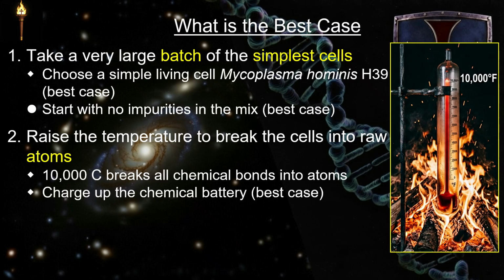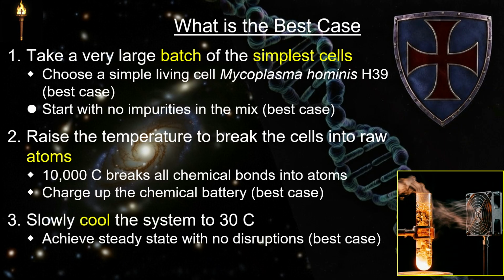But this is also a best case situation because here we've charged up the chemical energy, the chemical battery, so that as the temperature lowers, as it slowly cools to 30 degrees Celsius, chemical reactions will form, bonds will be made, molecules will be created.